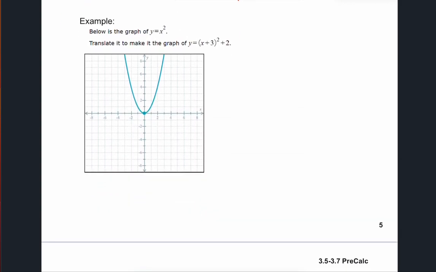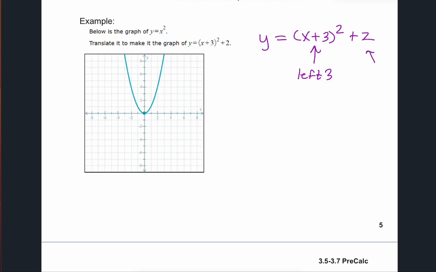Let's do another one. So we see our parent function in the graph, and it says translate it to make the graph of y equals (x plus 3) squared plus 2. So let me write this to the side here so we can pull it apart. Adding on the inside of our function is going to move that to the left.